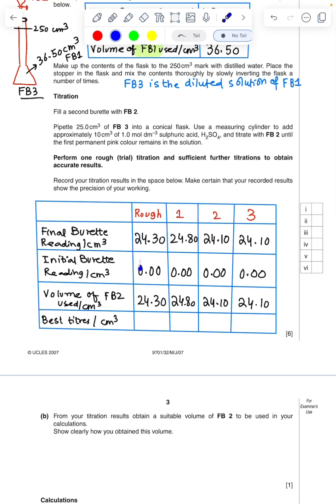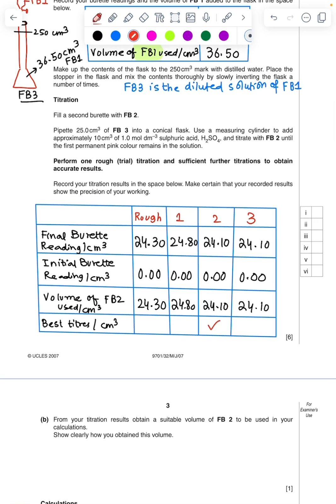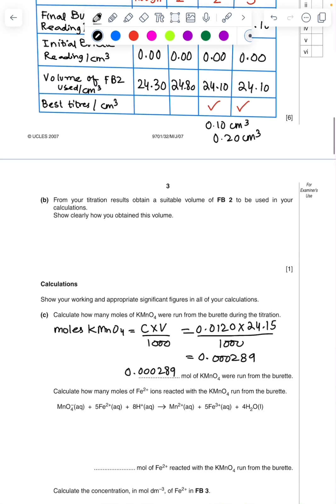And you can see I have taken some assumed values to make the calculations easy and understandable for you all, and according to these I can clearly say that the second and third titration readings are very concordant. Concordant readings are those readings which are within a difference of 0.10 cm³ or a maximum of 0.20 cm³. So my second and third titration readings are the best titres, right?